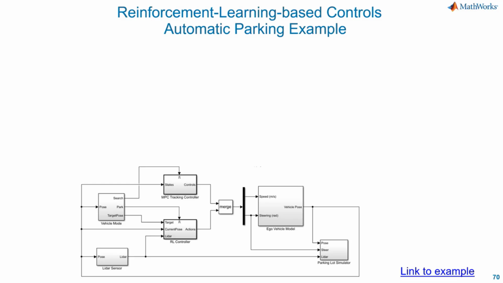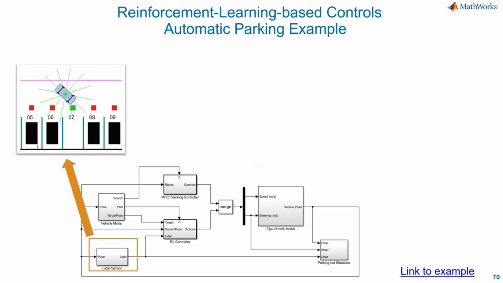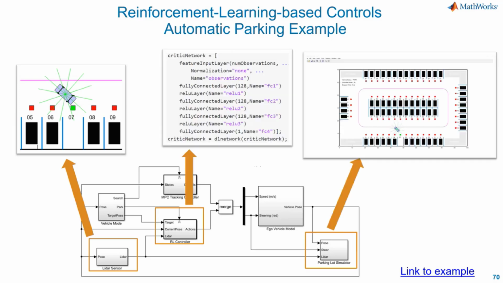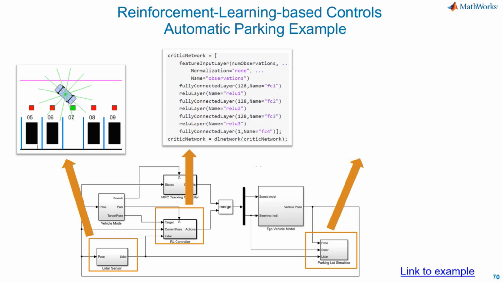Reinforcement learning, as I said, also got a lot of interest from academia. We have an example for autonomous driving, which is the automatic parking example. Here we use reinforcement learning control to replace the traditional controller.